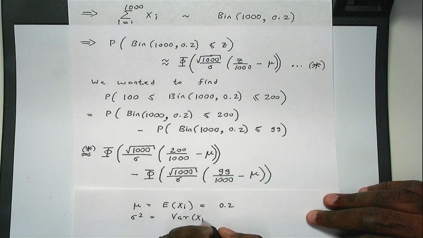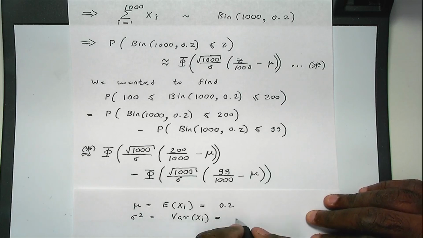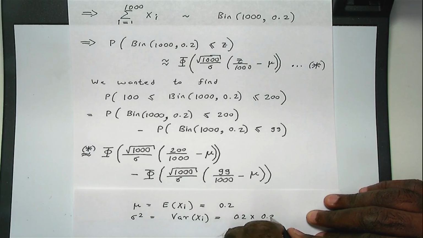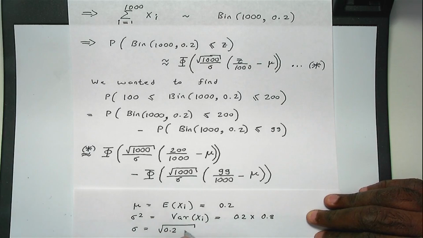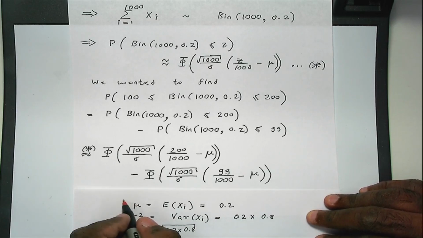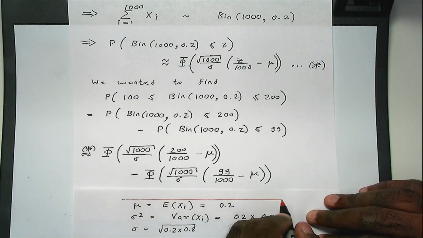Once again, you should know the formula for the variance of a Bernoulli variable is p times 1 minus p, which in this case is 0.2 multiplied by 0.8. So sigma is simply the square root of 0.2 times 0.8. Let me put this in a box.